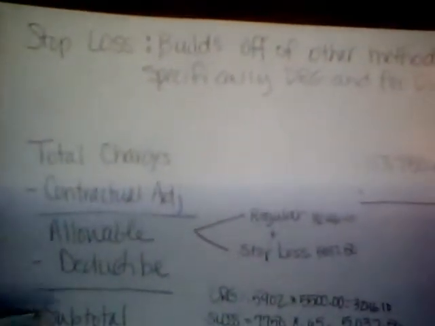So now, and I hope you can see this, our allowable has been broken into the two parts, the regular part and the stop loss part. I have worked the different portions of that, the DRG and the stop loss. There's my DRG calculation, the relative weight times base payment rate.